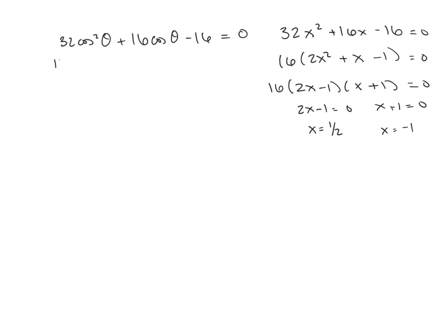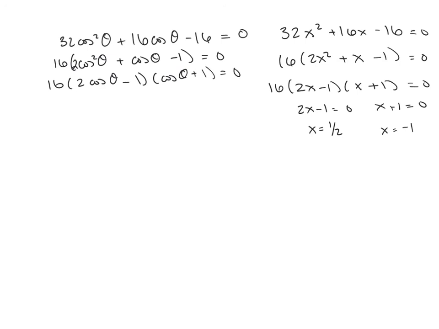So the first thing we'll do is factor out our 16, and we get 2 cosine squared theta plus cosine theta minus 1 equals 0. And again, we're just factoring. So 2 cosine theta minus 1 times cosine theta plus 1 equals 0.